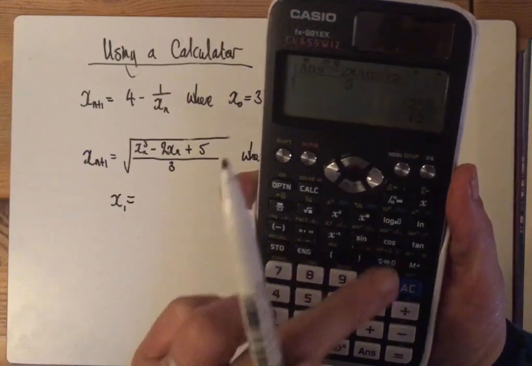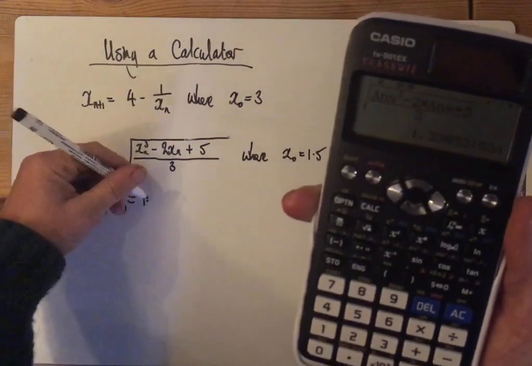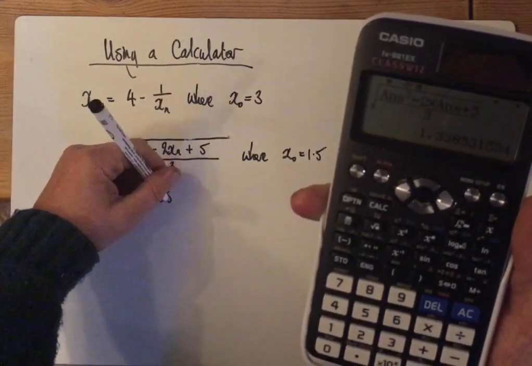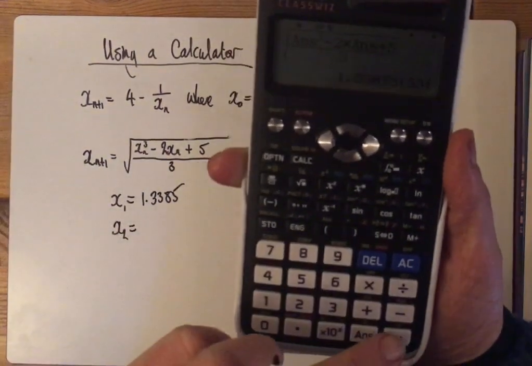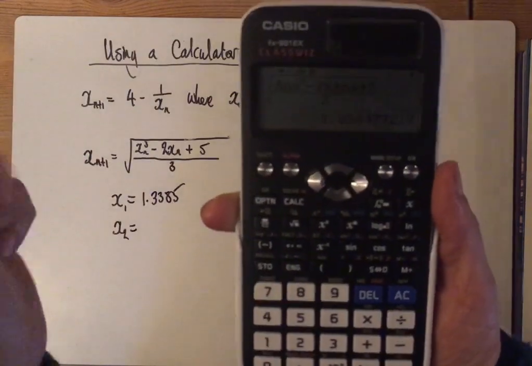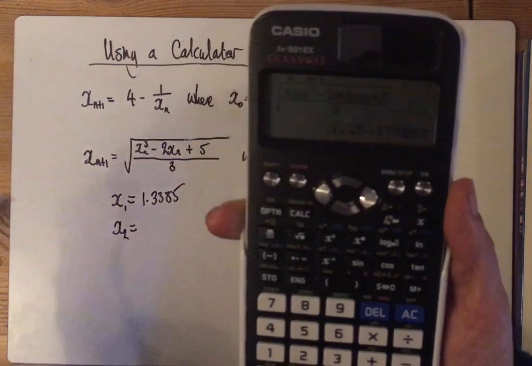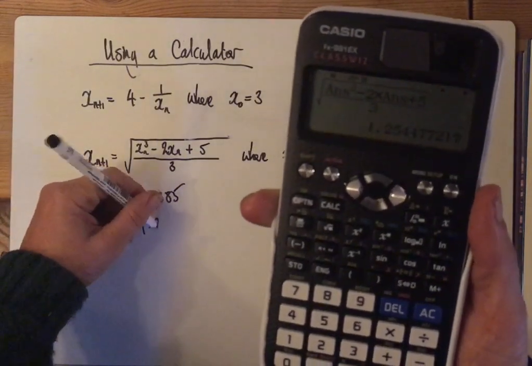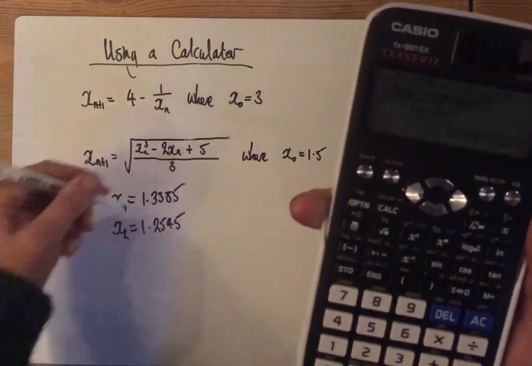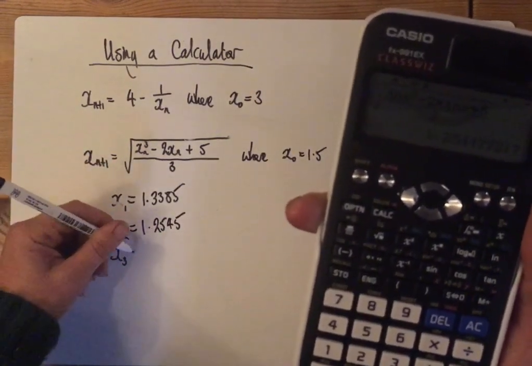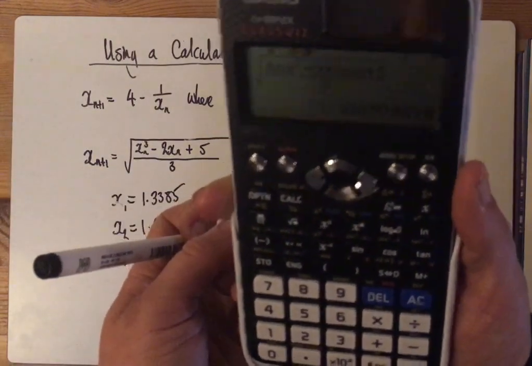And then the next value along is 1.3385. Just be careful that you put it into your calculator correctly. The next value along, I know you probably can't see my screen, but hopefully you see what I'm doing on the calculator, is 1.254. Next value along, I just press equals again, is 1.2200.